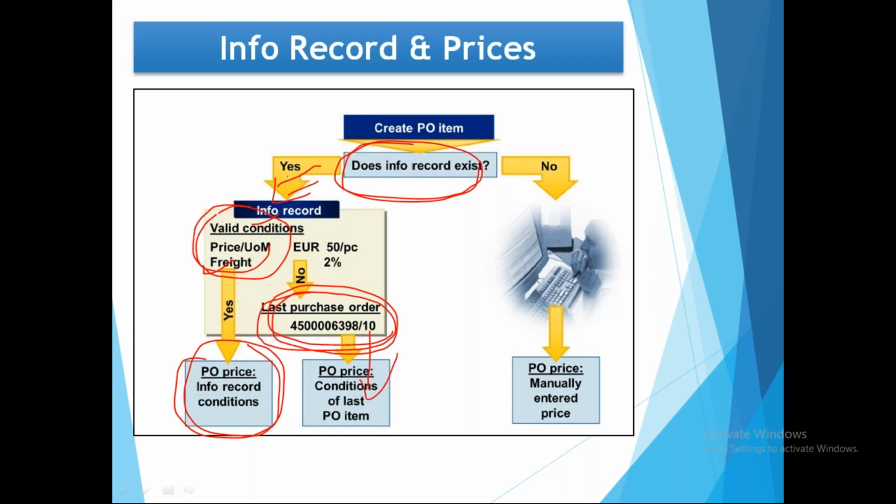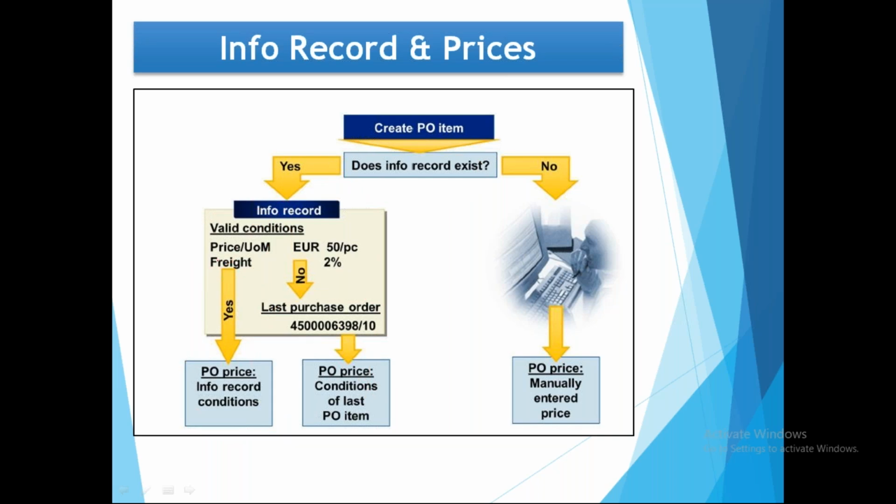And if there is no info record and no last purchase order, if both conditions are not satisfied, then you have to enter the price manually. User has to enter the price manually in the purchase order. So this is how system, whenever you are creating the PO, will look for the data in the system.